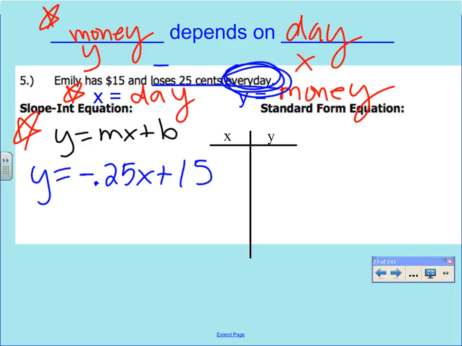Negative 0.25, do not leave as a decimal. You need to convert it to a fraction. This is what I have not taught you yet. So negative 0.25 is what fraction? Jackie? Good job. Negative 1/4 x is what negative 0.25 is.